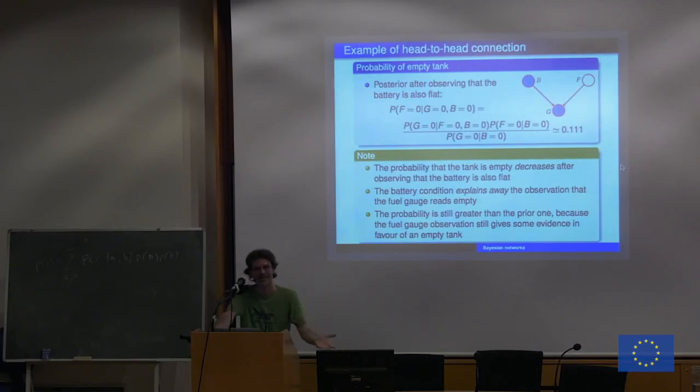Maybe the battery is flat, maybe you don't control much, so probably you also forgot about the fuel. So yes, everything here is probabilistic. Even the fact that the gauge reads up doesn't mean deterministically that there is fuel. So the idea here is to have non-deterministic relationships, basically.